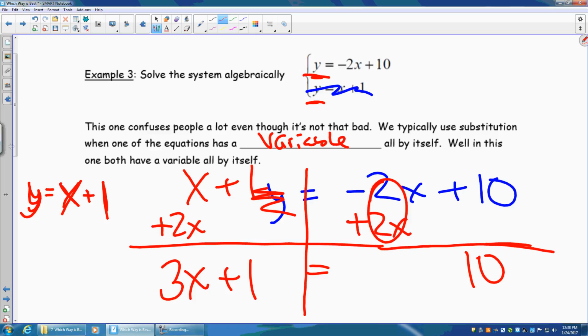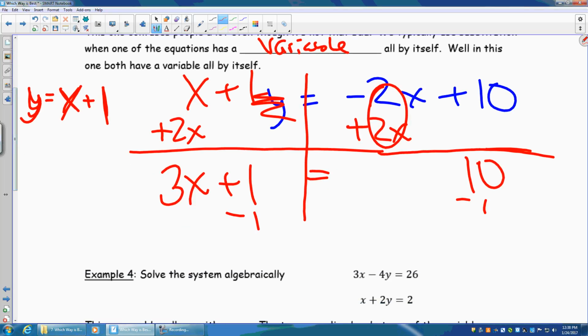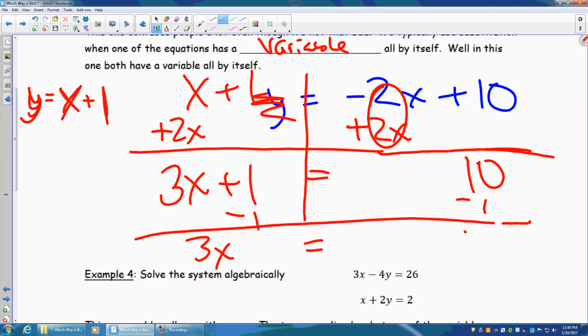Now I can just minus 1 on both sides, and I end up getting 3x is 9. Divide both sides by 3, x is 3, plug back in up here, and I end up getting 4. So my coordinate is 3 comma 4.